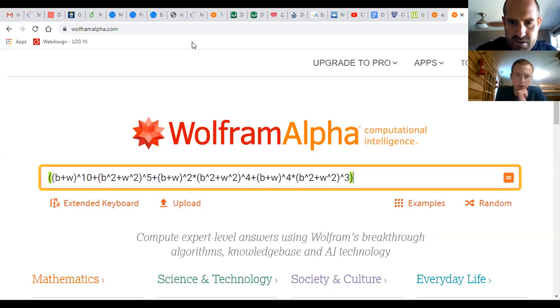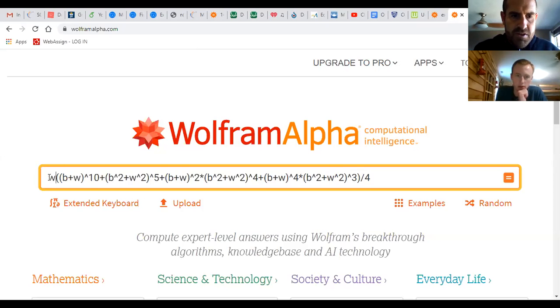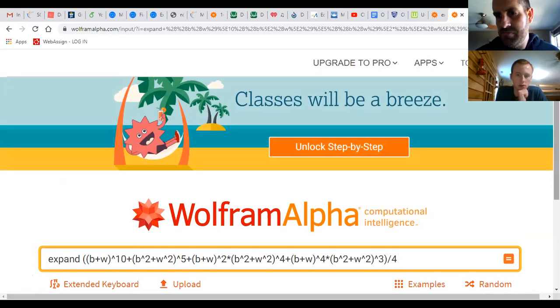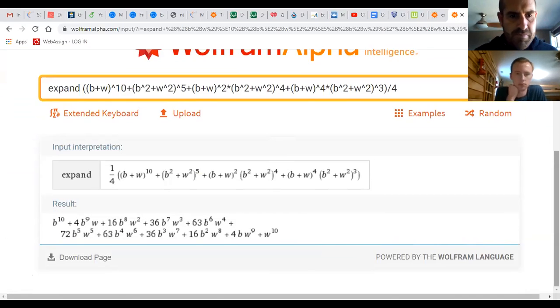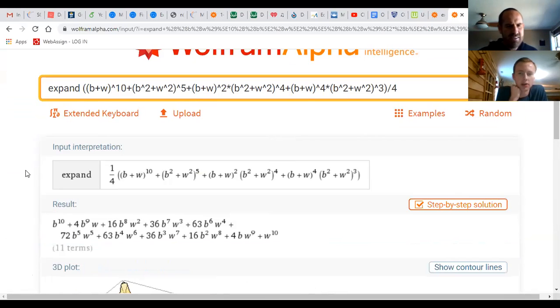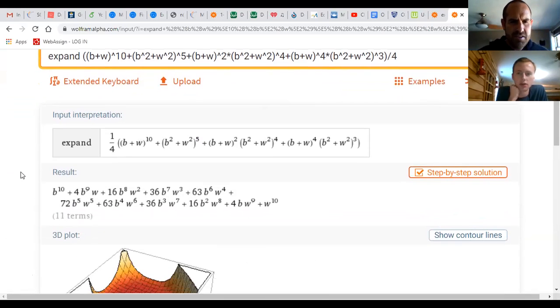And then you're dividing that by 4. Okay, there it is. That's super weird. I must have had some sort of error in my entry, but I thought I double checked it. So B plus W to the 10th. Yeah, it looks pretty good.